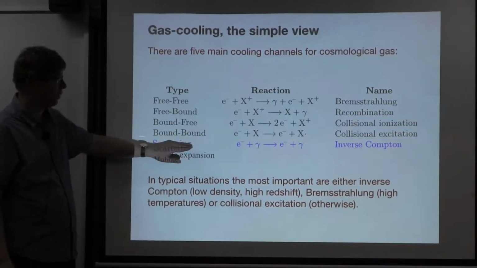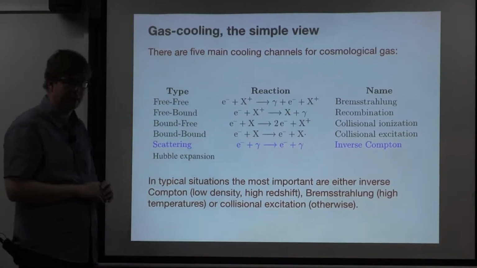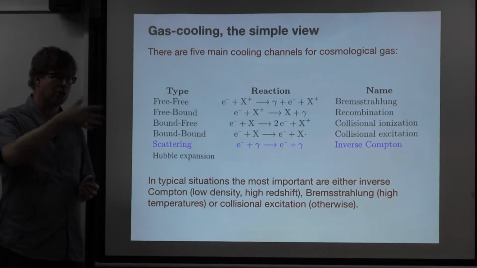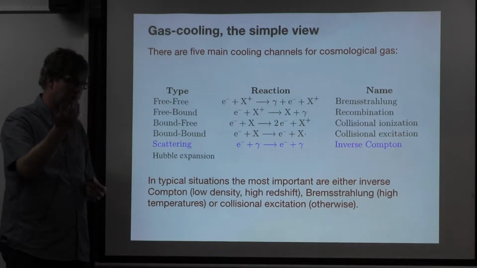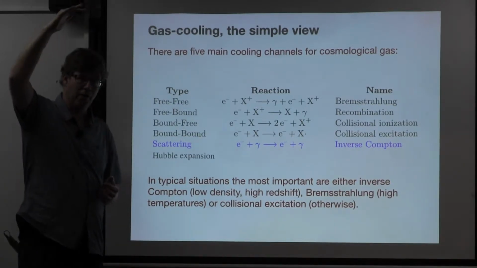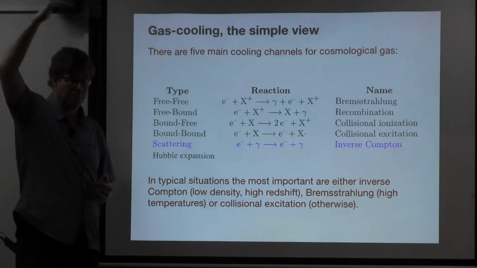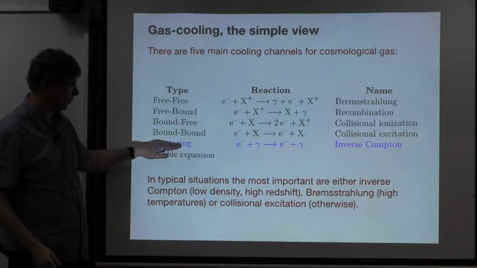That's particularly important at high redshift, and you can think about why. The energy in the radiation goes as temperature to the fourth power, and temperature goes as 1 plus redshift. So as you go to high redshift, the temperature goes up by 10, and the energy density in the radiation goes up by redshift to the fourth power. So this becomes important at high redshift.